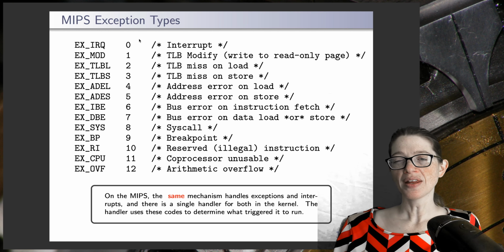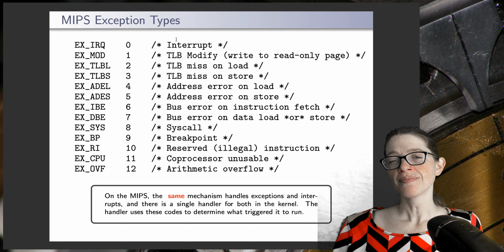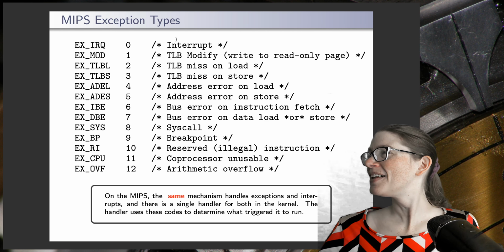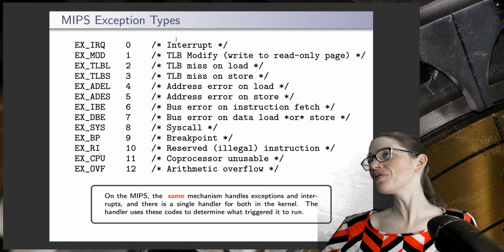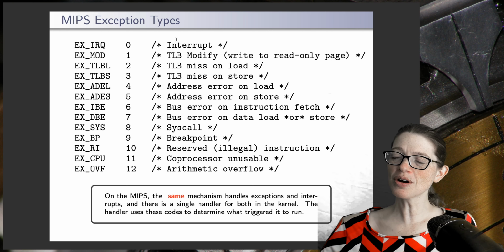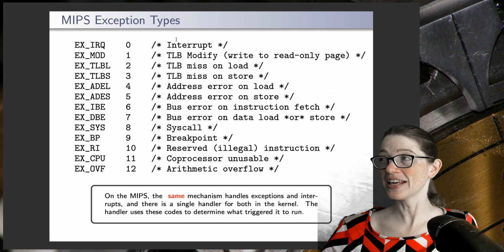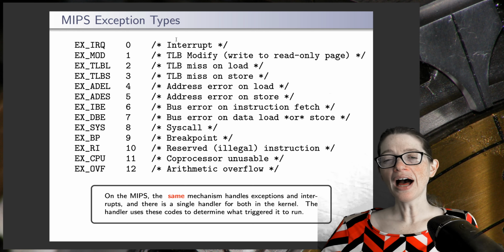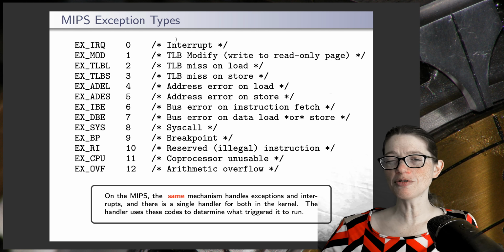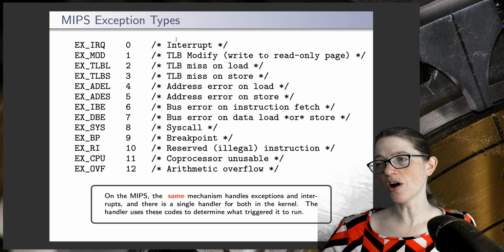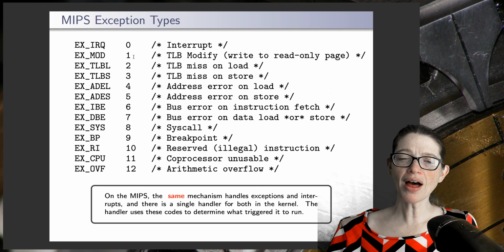So for example, EX_IRQ, IRQ is the short form for interrupt, and I don't know why it's the short form for interrupt. It just always has been since I was a kid. If you have an EX_IRQ exception type on MIPS, that means you actually have a hardware interrupt. And then you've got some other ones here.